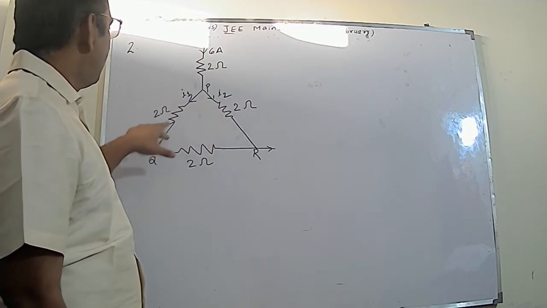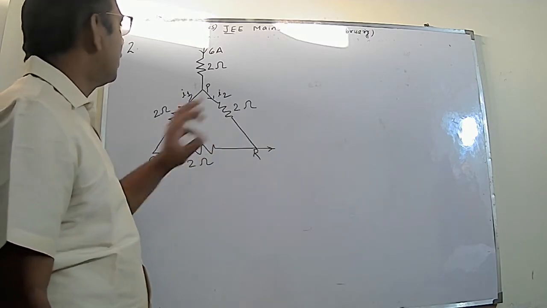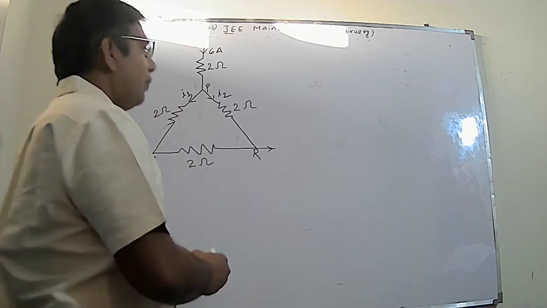Here it is 2 ohm, then again it is going to Q, and then 2 ohm, and finally it is coming out here. So we have to find out the value of I1.